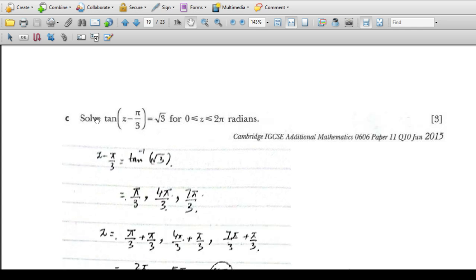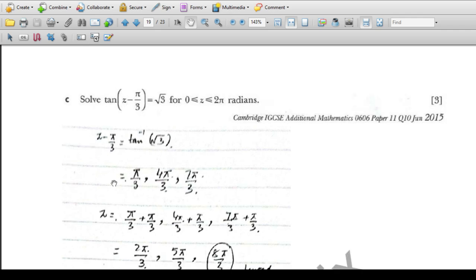Now part C, we are given tan(z − π/3) = √3 for 0 to 2π radians. So z − π/3 is equal to tan inverse √3.